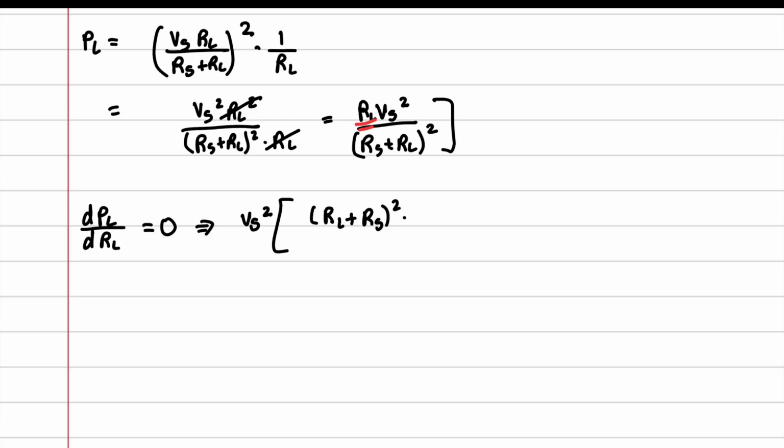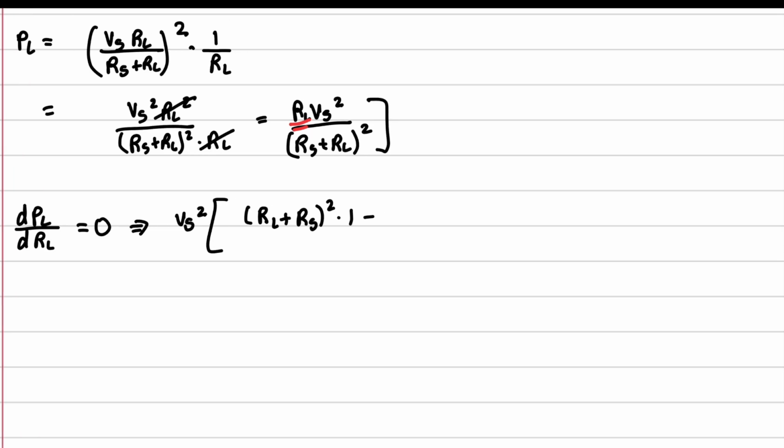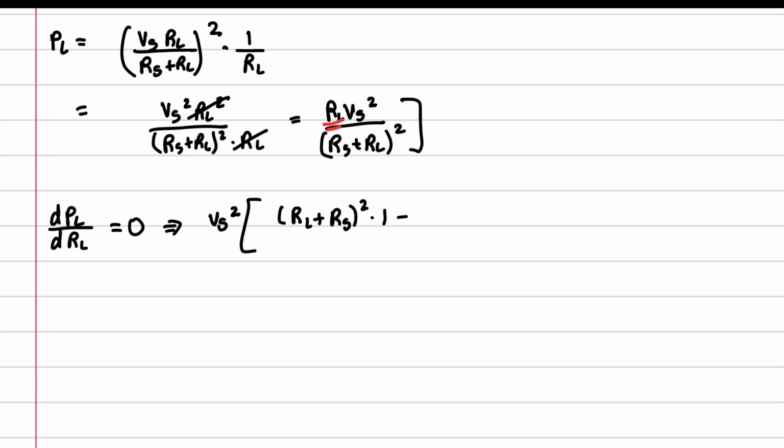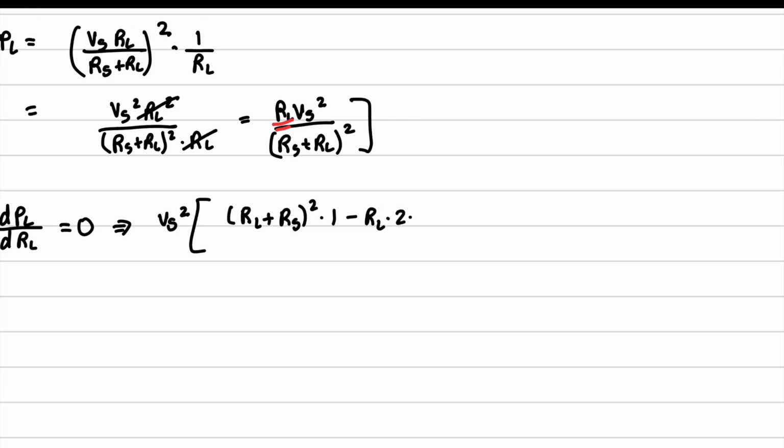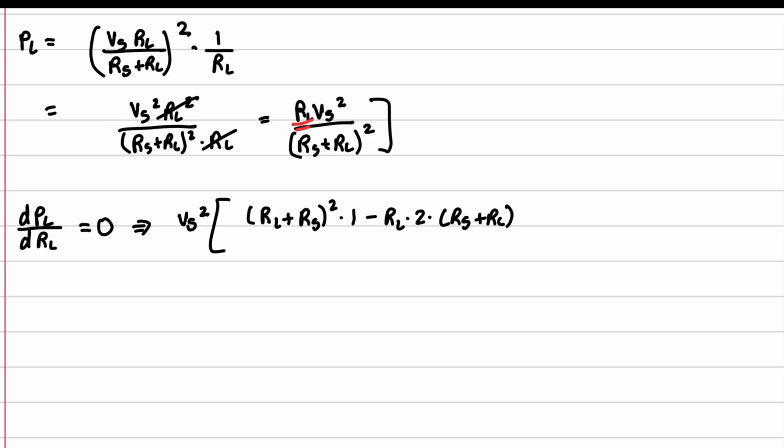And the derivative is, like, we have RL, and that's our variable, so that's just going to be 1 minus, and now we're going to have the high one, just a normal high one, and we are going to take the derivative of the bottom now, and that's just chain rule, 2 times RS plus RL, and all over the low squared, or ho-ho.